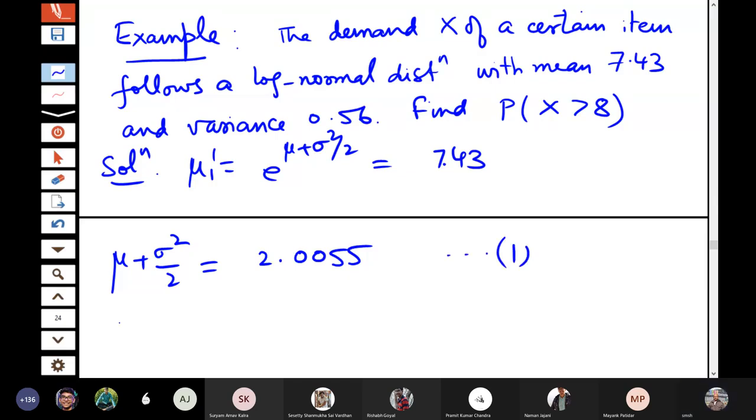Similarly, variance is given. We have just now seen the formula for the variance also. So basically variance is nothing but mu 2 prime minus mu 1 prime square.